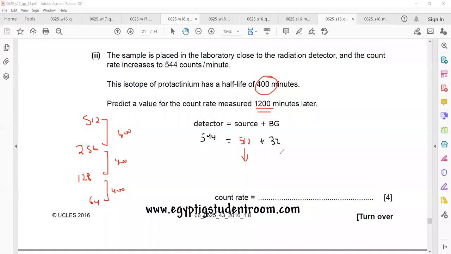So after a total time interval of 1200 minutes, you will get 64 radiations from the source, but the detector is recording both radiations, source and surrounding. So what will be the reading on the detector? 64 plus 32, that will be 96. Is it clear?